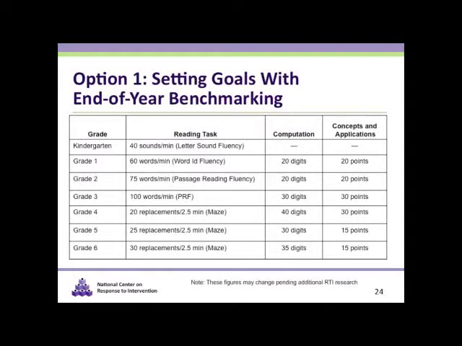It is important to understand these are norm-based benchmarks based on student performance, not criterion-based benchmarks based on mastery of skills. There may be a discrepancy between adequate norm-based performance and adequate criterion-based performance, and educators must investigate the consistency of norm and criterion-based assessment outputs.